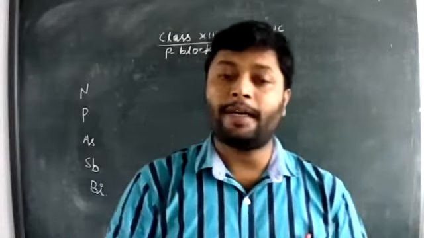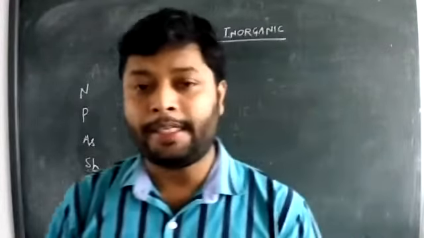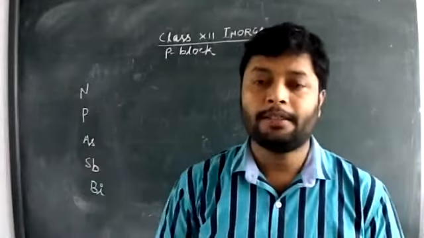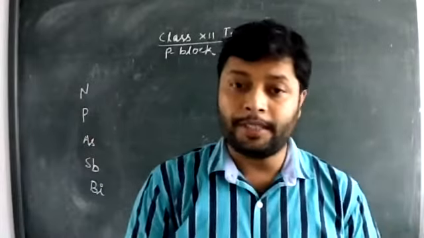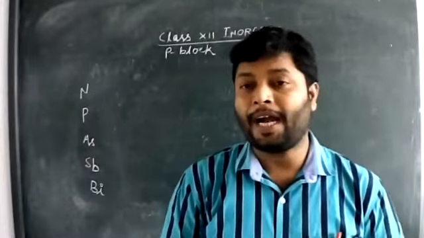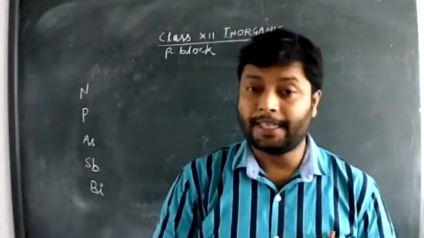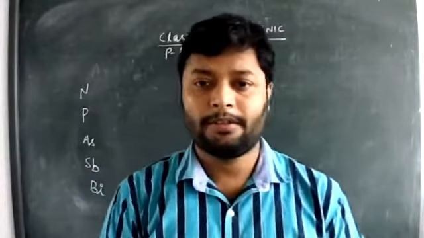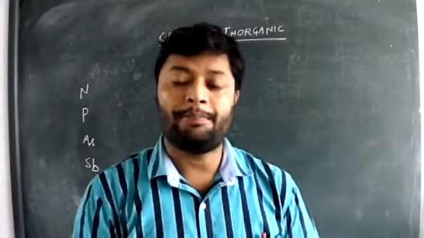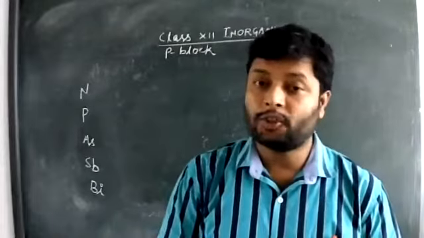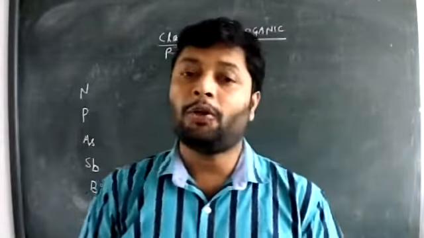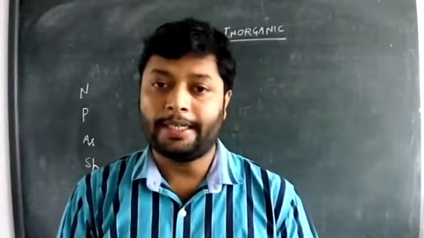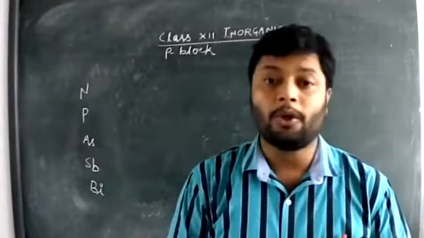So let's discuss one by one some more properties related to the same nitrogen family, like electronegativity, ionization behavior, ionic size, especially atomic size. These are general periodic trends that have to be learned before going to more chemical properties and trends in the same group.